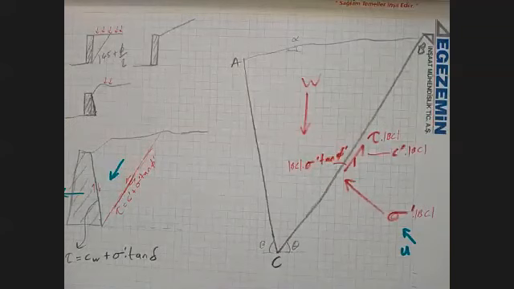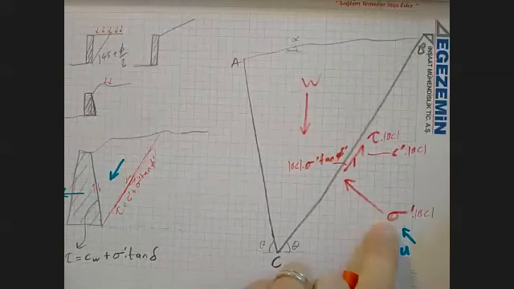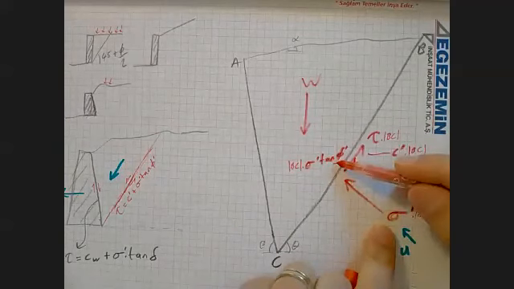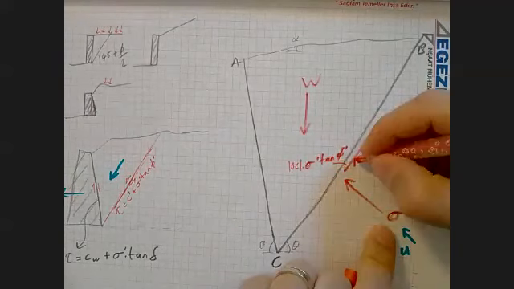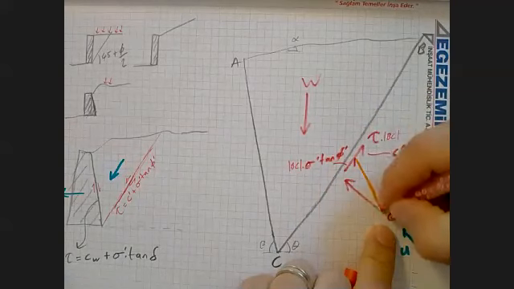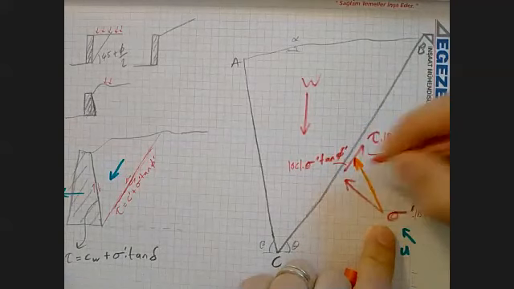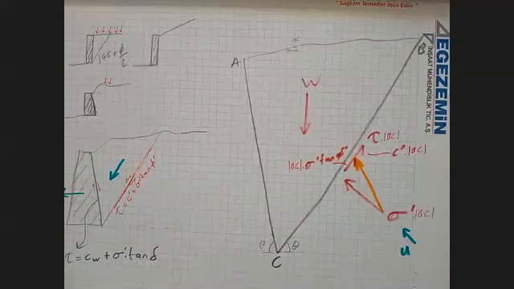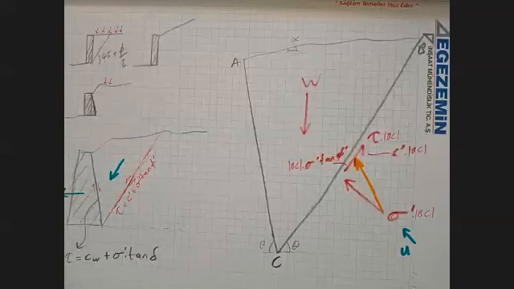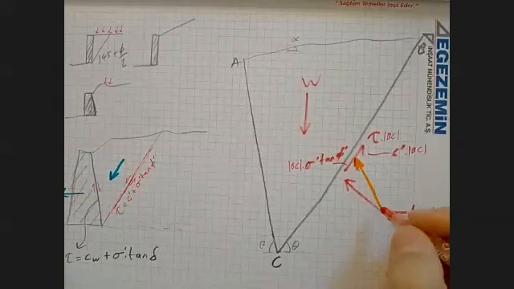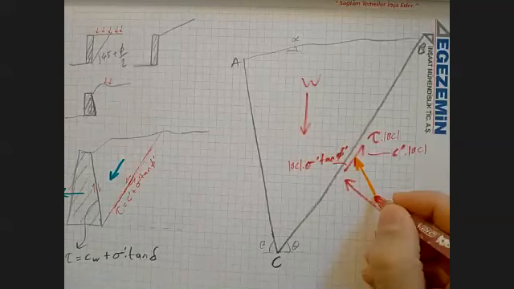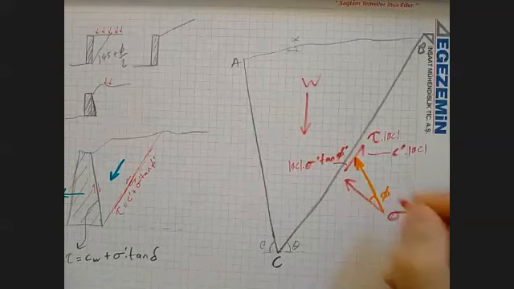Now, here something interesting happens. I have a normal stress term here, and then normal stress times tangent phi here. So if I actually take the resultant of those two components only, then what I'm going to have here is the friction angle.